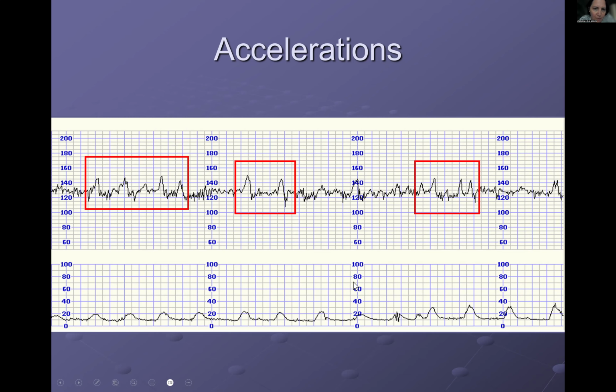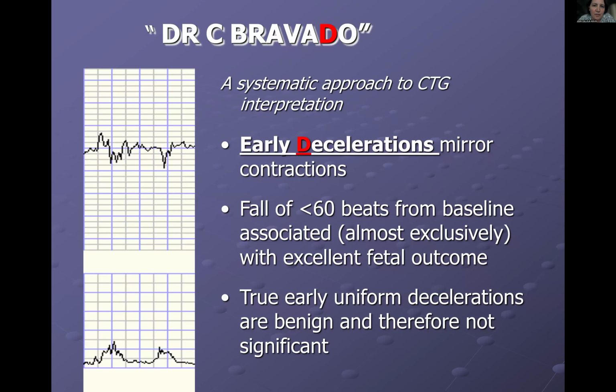As I said, from here to here, you have 10 minutes. And also what's good about this is that she's having some contractions, and with the contractions, not only is the variability good, but she's also having acceleration, so the baby is moving. So that's very good. We like when we see accelerations.